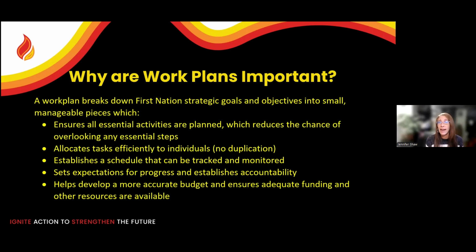It allocates tasks efficiently to individuals, no duplication. There's nothing worse than pouring time into an activity only to find out somebody else has already done it. So not a good use of time. So really makes sure that time management is included in there.